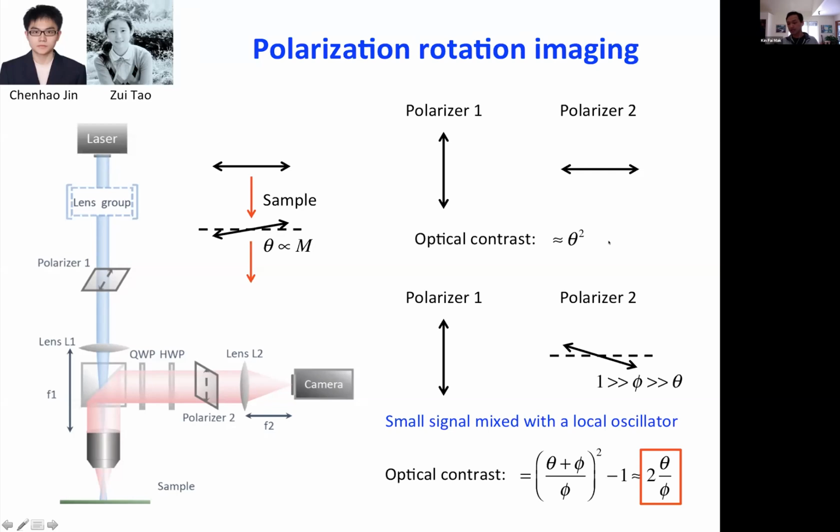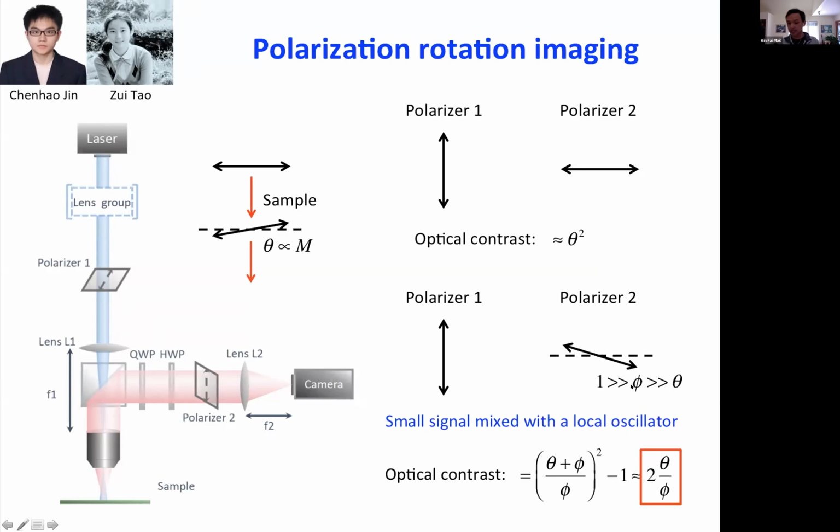The way that we actually do it is a simple trick called homodyne mixing. Instead of putting the two polarizers exactly at 90 degrees to each other, you rotate the second polarizer by an angle phi. That is much bigger than the signal that you're going to detect, but still much smaller than 1 when the angle is measured in radians.